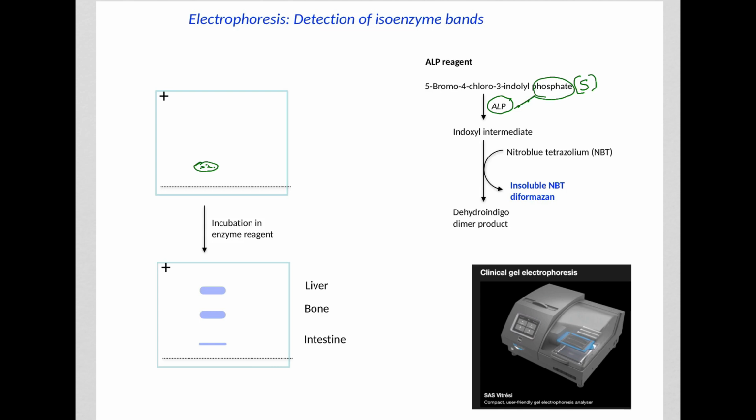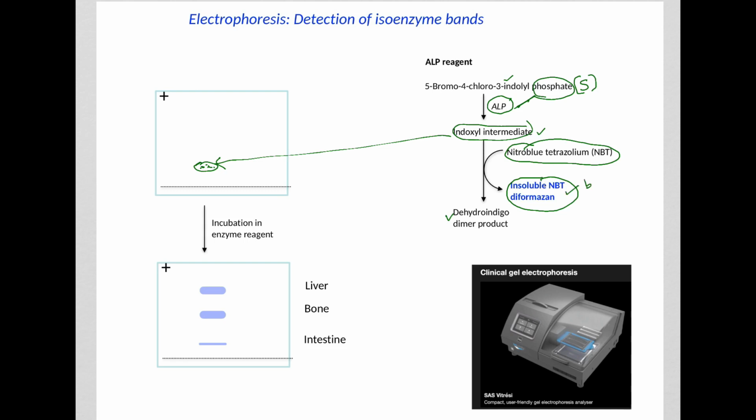It removes the phosphates from organic compounds, and we get an indoxyl intermediate formed here, and this intermediate, in the presence of nitro-blue tetrazolium, NBT, will react to give us a product where the NBT becomes insoluble.